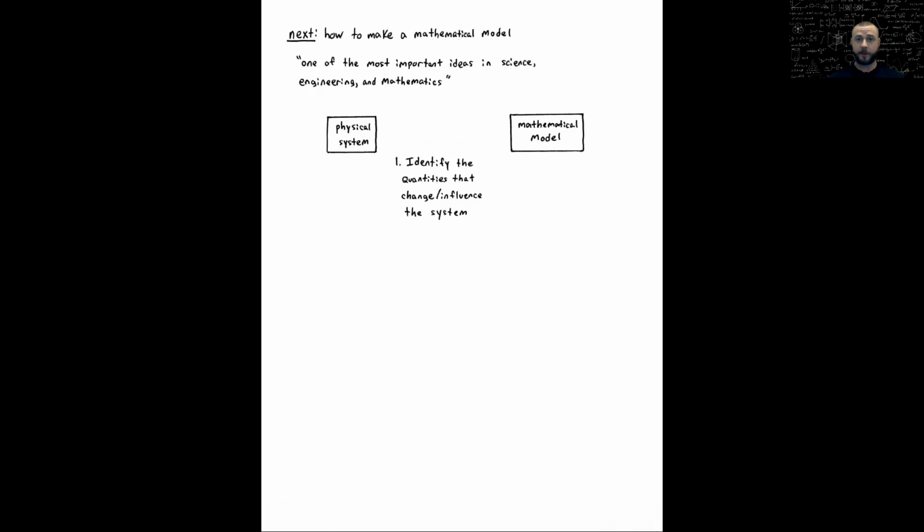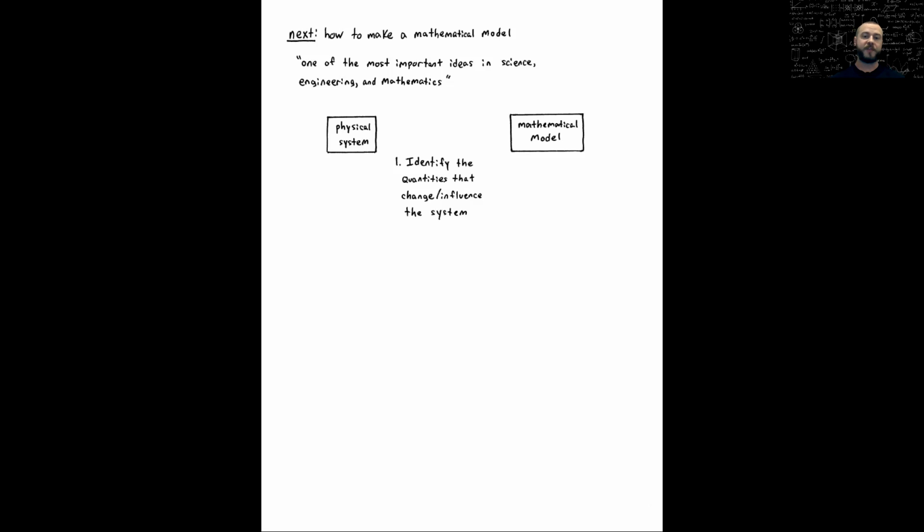So the first thing we'd want to do for whatever our physical system is, we want to identify the quantities that change or influence the system. Typically in a physics course, like a Physics 1 or Physics 2, the quantities are all the various forces acting on an object.